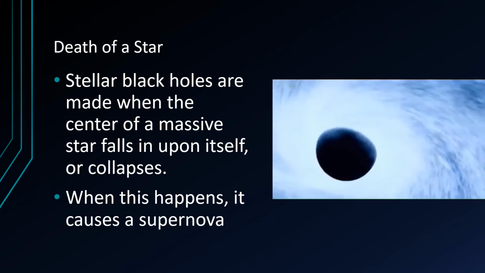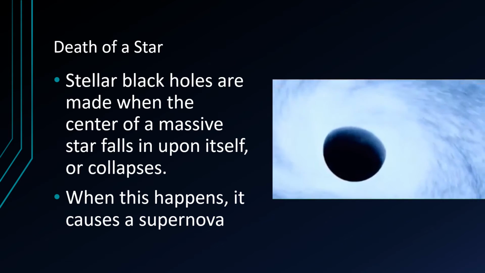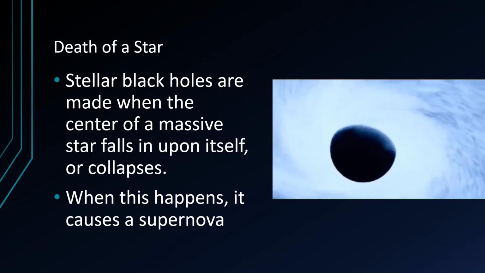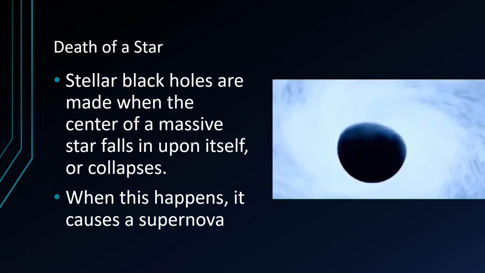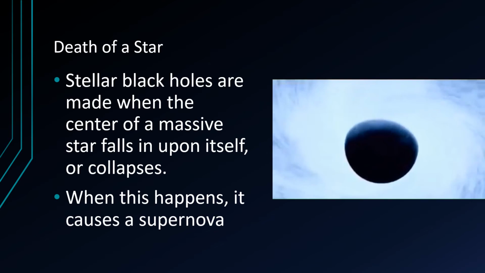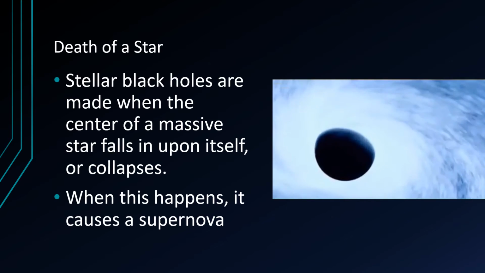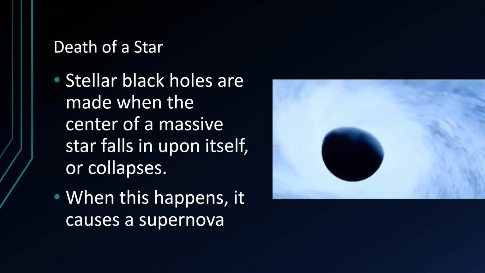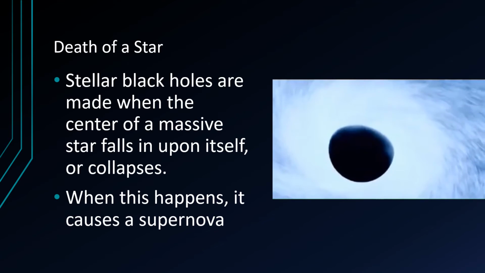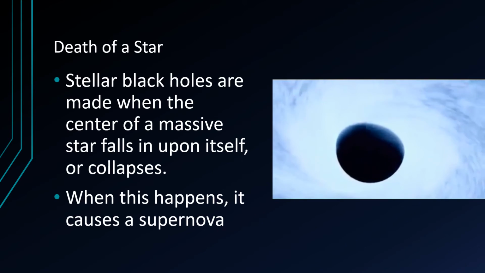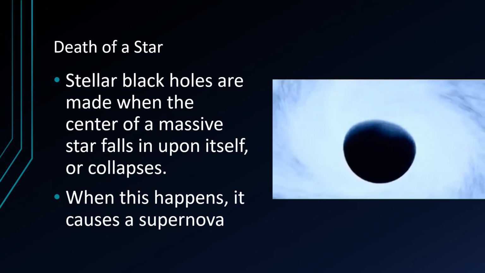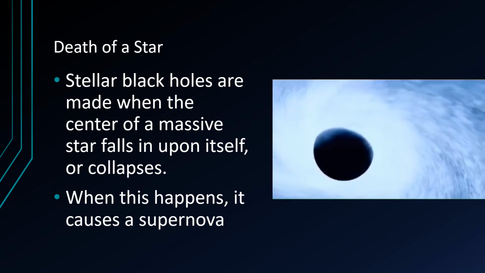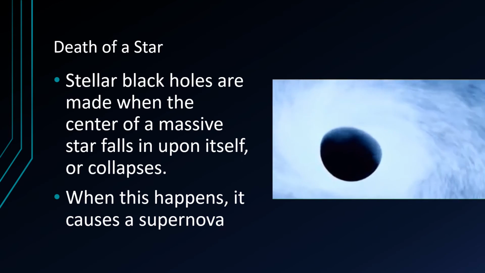The black hole will actually eat the star from the inside, but then basically eject a little bit of material. The star is still there, but it's being eaten from the inside, and the black hole causes it to explode, releasing massive energy, 100 times that of what our star will produce in its lifetime.